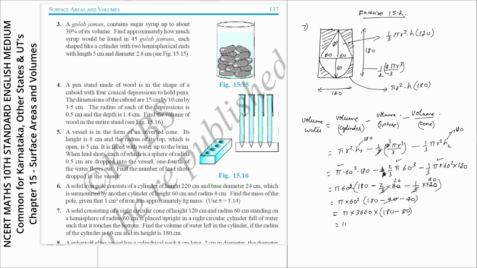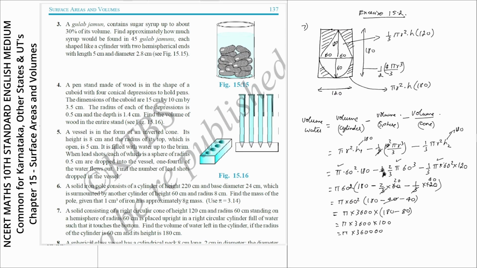So I'll get pi into 3600 into 100. 180 minus 80 is 100. So now pi into 3600. When I multiply by 100, another 2 zeros will get added.